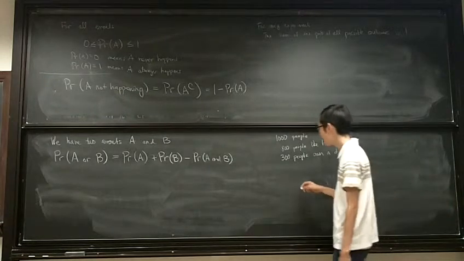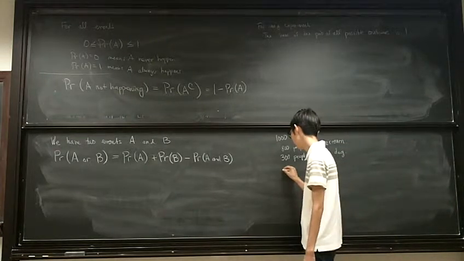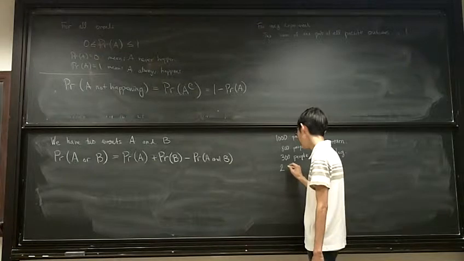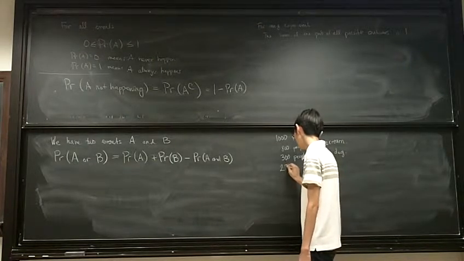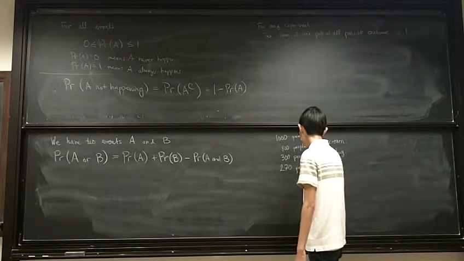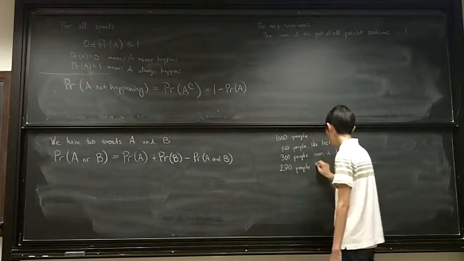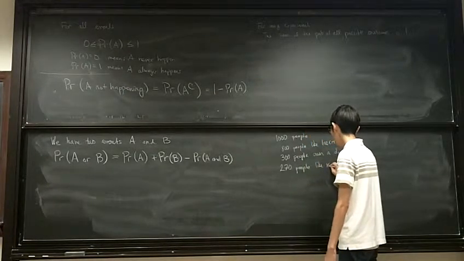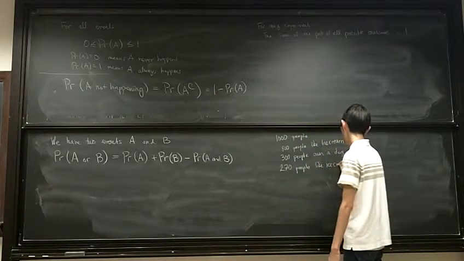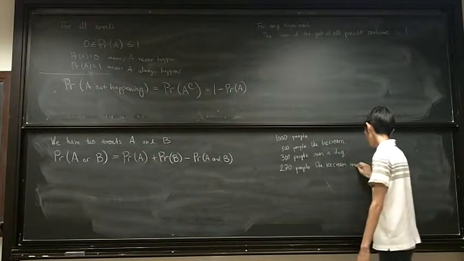Okay. Let's say 270 people like ice cream and own a dog.